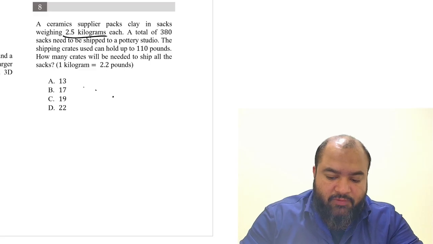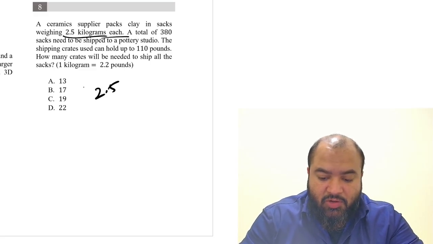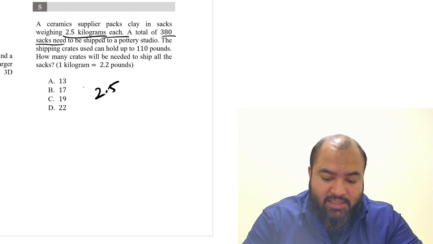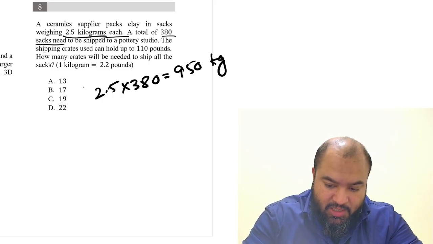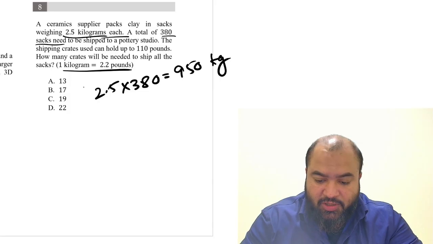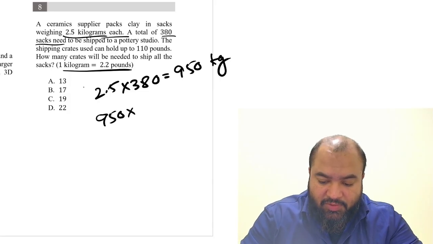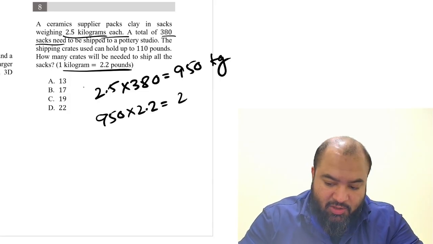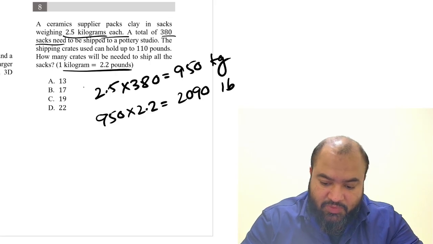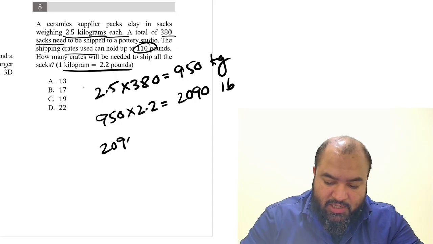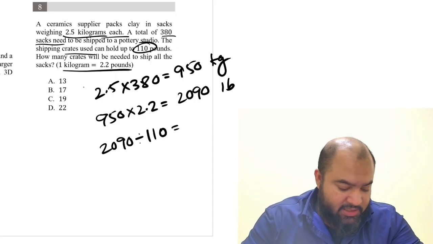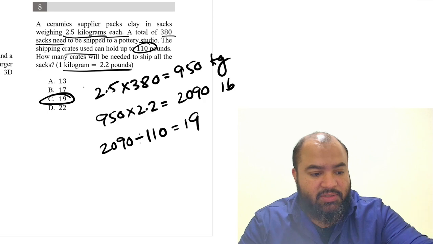So 2.5 kilograms in each of these sacks, and there are 380 sacks. So times it by 380, the answer will be 950 kilograms. And now 1 kilogram is 2.2 pounds, so 950 kilograms times 2.2 is 2090 pounds. Now each crate can hold 110 pounds, so 2090 divided by 110, the answer is 19. So C, this one is an easy one.